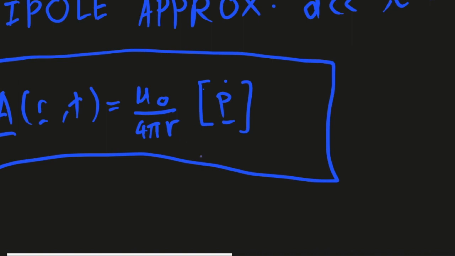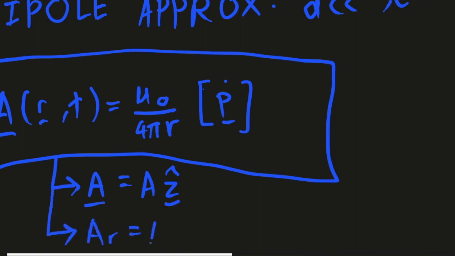Now this A, we know that it's only going to point in the z direction because the dipole moment is pointing only in the z direction, and we can work in spherical polar coordinates. So say this is negative A sine theta, and A phi is 0.